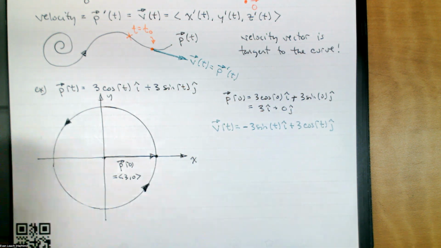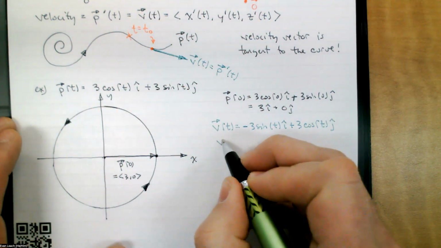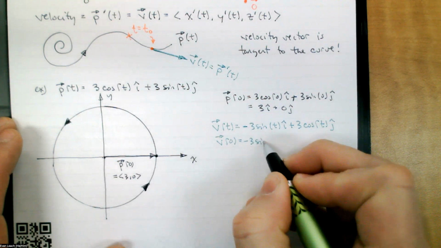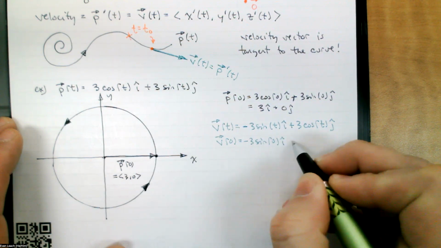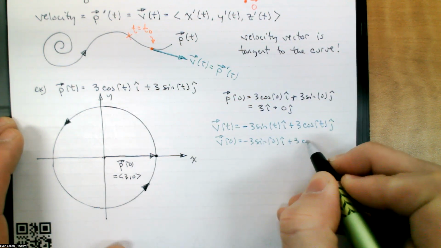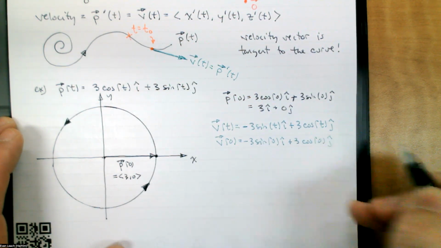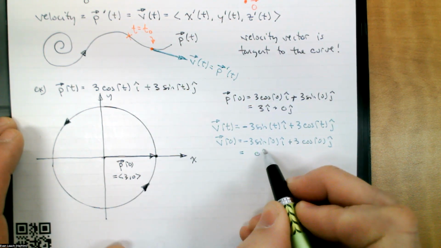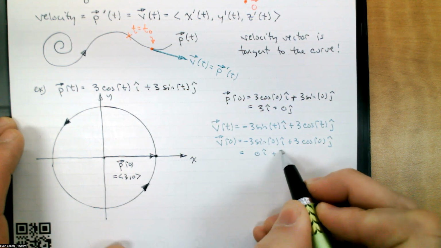At 0, we'll have negative 3 times a sine of 0 i plus 3 times a cosine of 0 j. So that's going to be 0 plus 3.